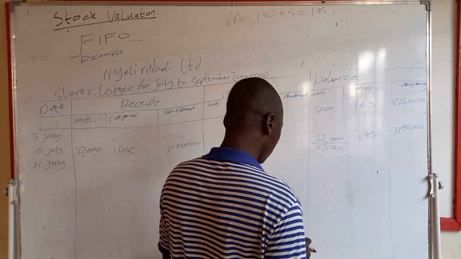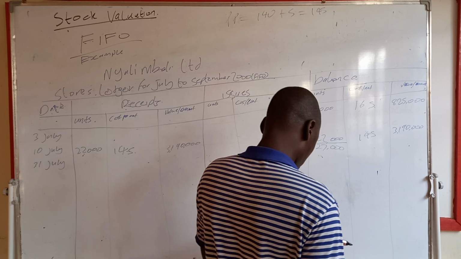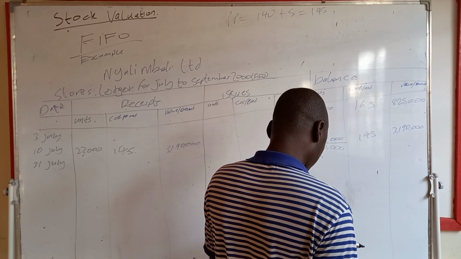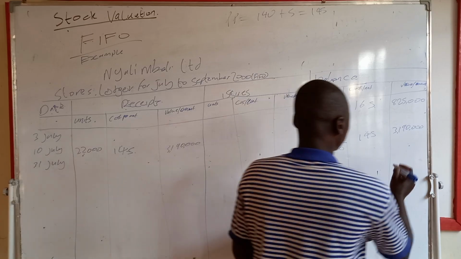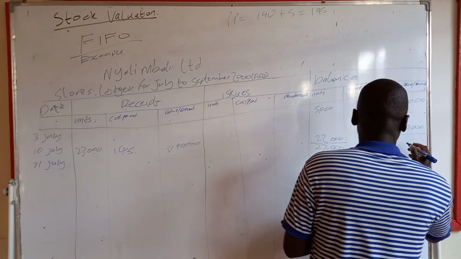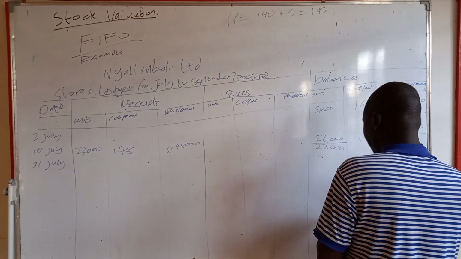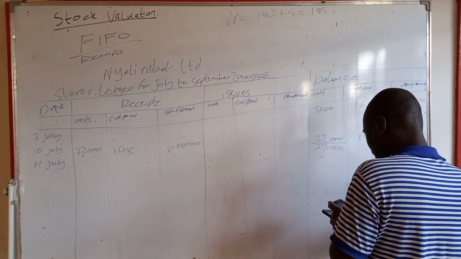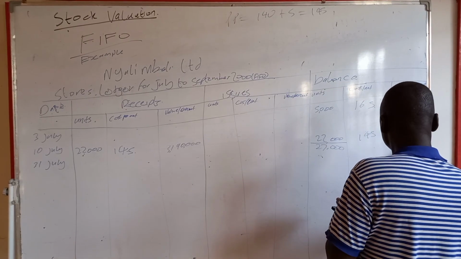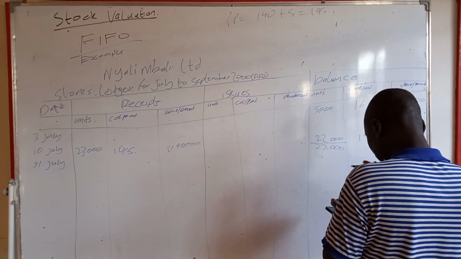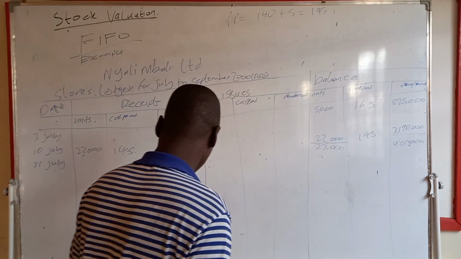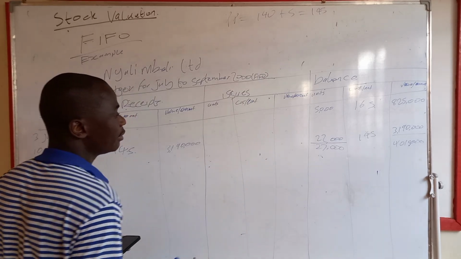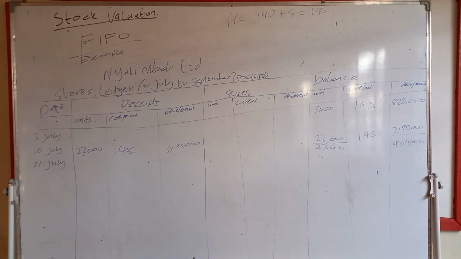Plus 825,000. This is before you issue, 1,500. Before you issue anything on that day, you had that as your balance.